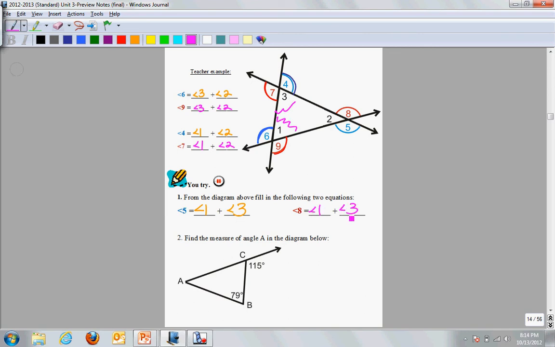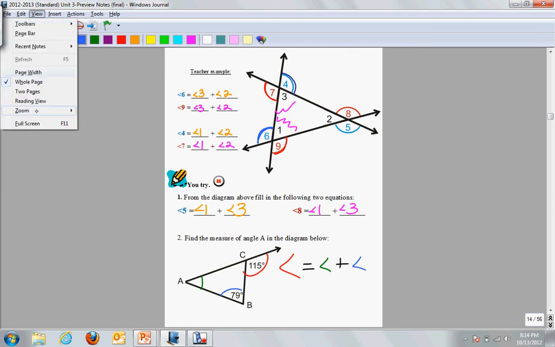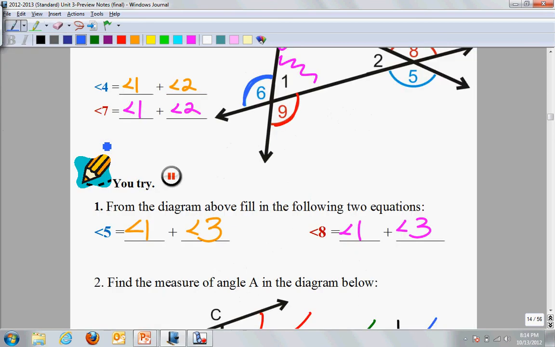Down here, we want to find the measure of angle A, which we don't know. But we do know that this exterior angle C, that big exterior angle, equals the remote interior angles added up together. Notice I'm making an equation before I do algebra.